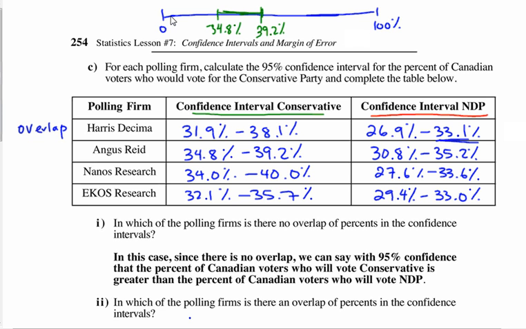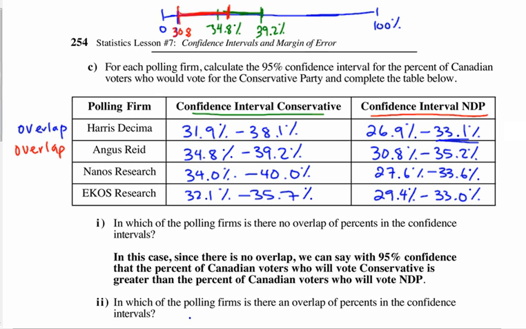Okay, now the other one is 30.8. So over here, it's a little bit exaggerated. 30.8 to 35.7. That is larger than the 34.8. So there's an overlap here.